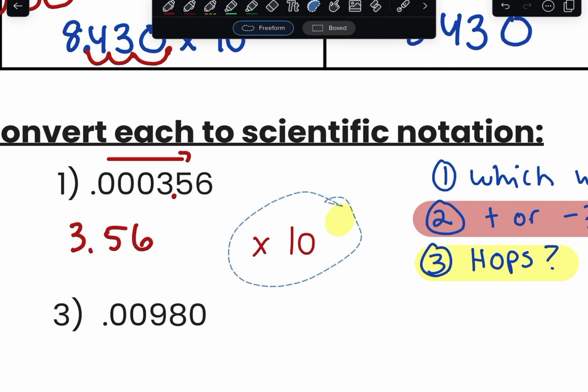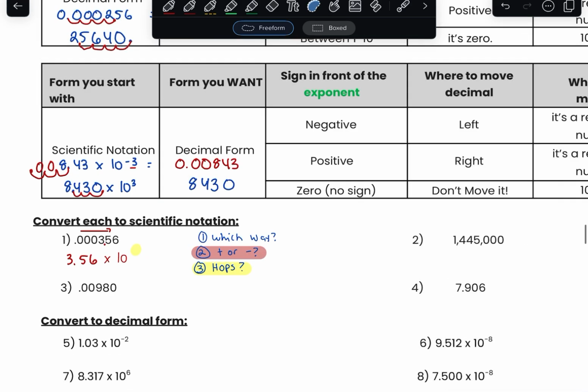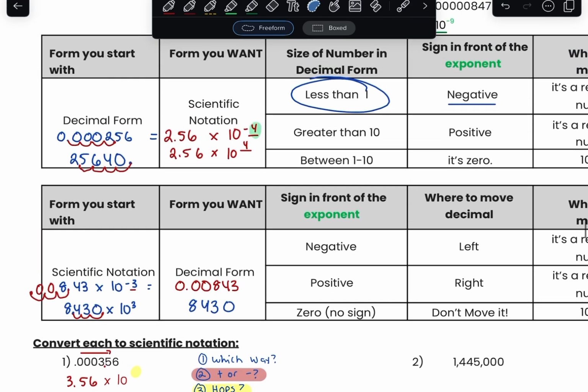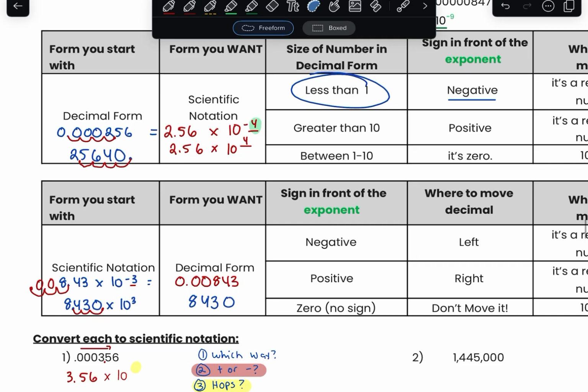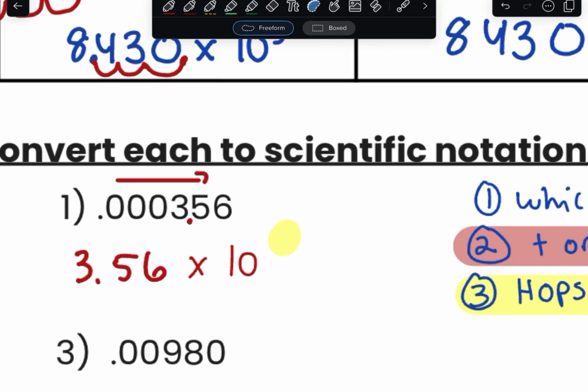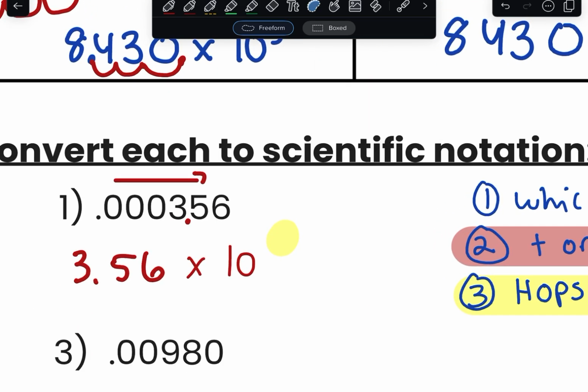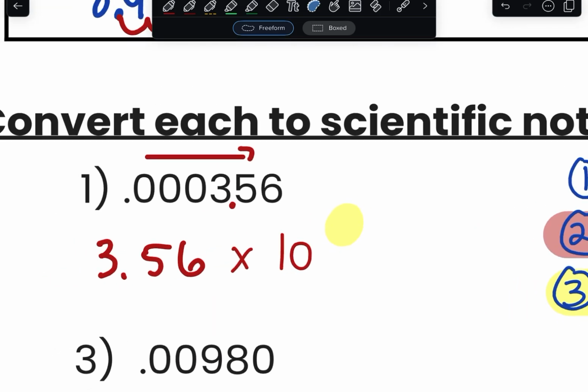Now I'm going to look at whether the exponent is positive or negative. I can look at what I have up here in my charts. I know that if I'm in decimal form and I want to go into scientific notation, if my number is less than 1 in decimal form, that means the sign in front of my exponent is going to be negative. Looking at this number, I do see that it is indeed less than 1, which means I'm going to put a negative here.